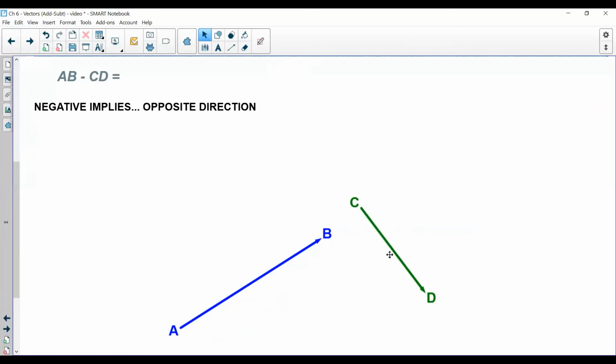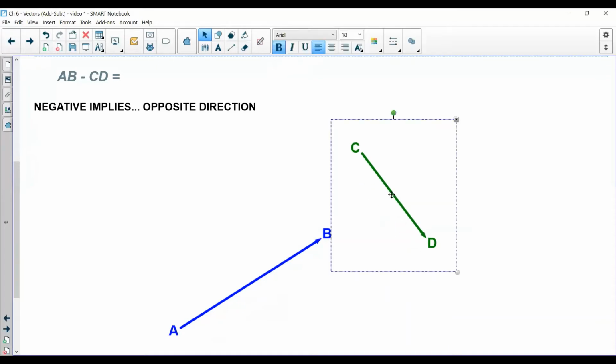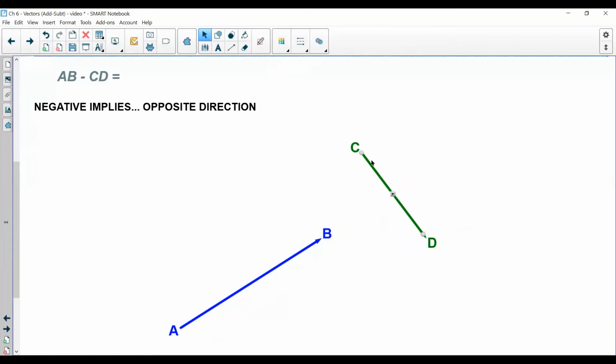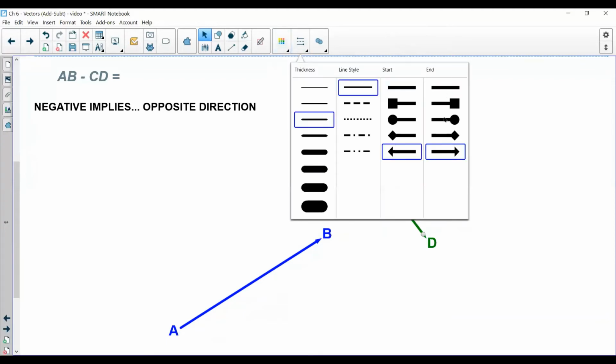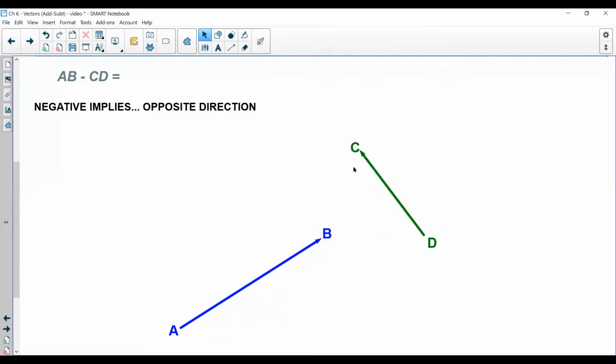So if CD is here to here, what we really want is the opposite of that. Now here you've got to be a little bit careful. The opposite of C to D is, as you guessed it, D to C.